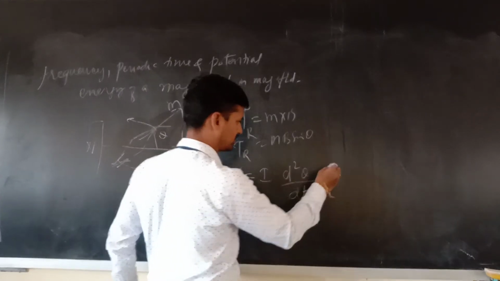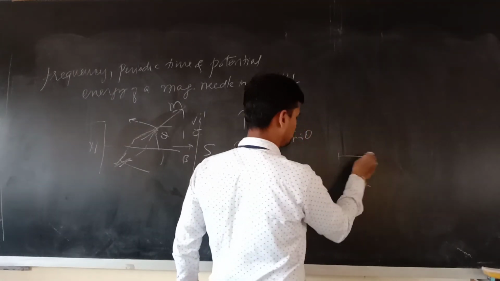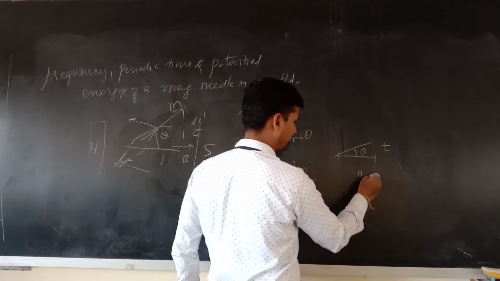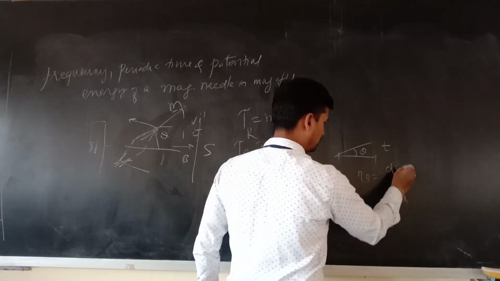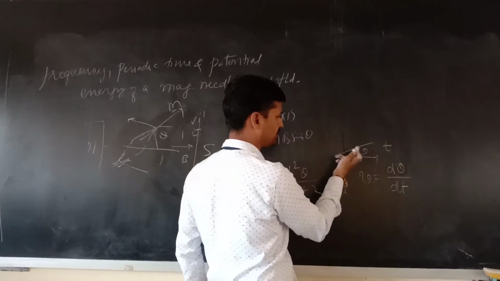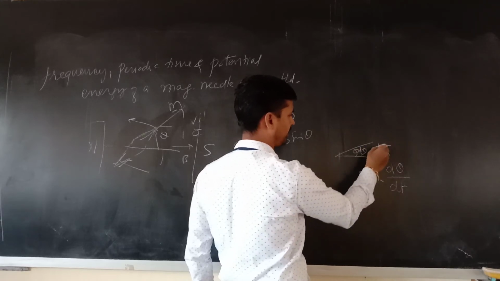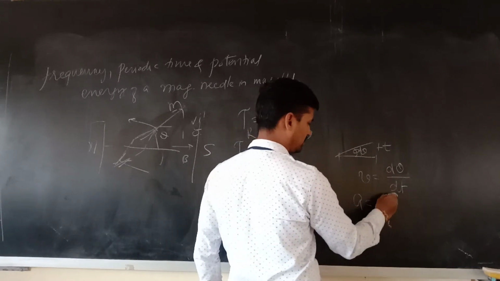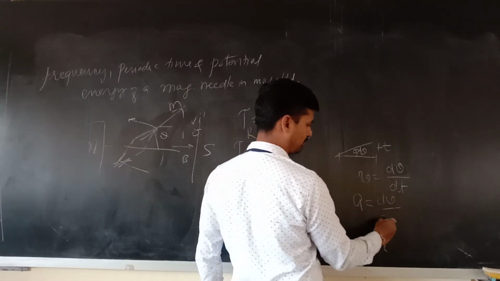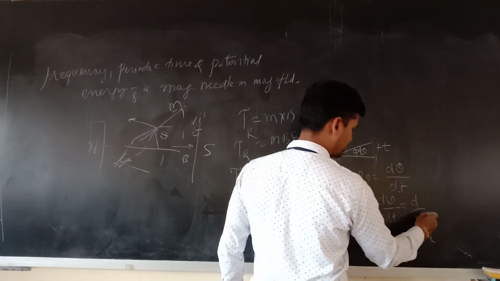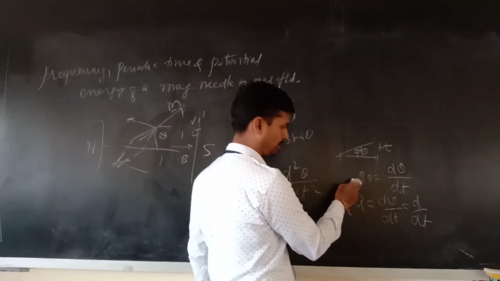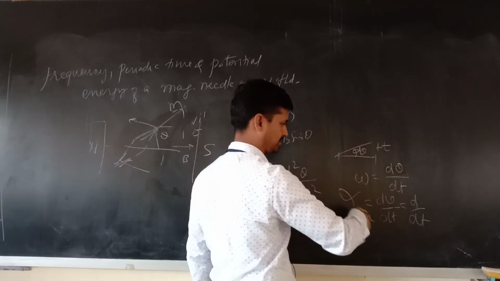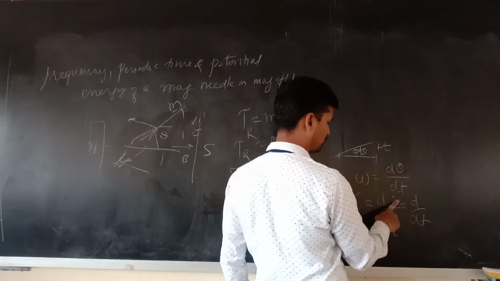Sir, what is this story? Let us see. If a body covers angle theta in time t seconds, how do you find velocity? Displacement upon time. Change in angle upon change in time, d theta by dt. Suppose acceleration is to be found. Acceleration is change in velocity upon change in time, d by dt of, sorry, this velocity is angular velocity, and this acceleration is angular acceleration. d by dt of omega.